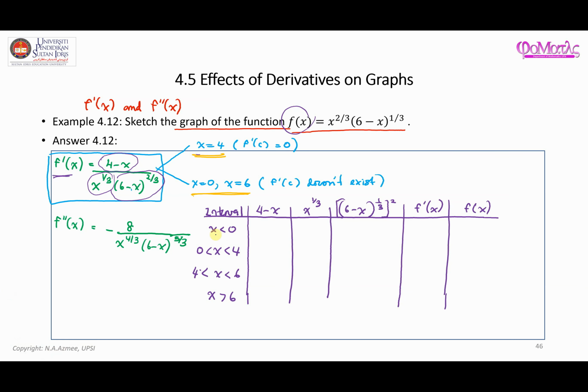So when x is less than 0, the value that we have for 4 minus x is going to be positive, because a negative x subtracted from 4 gives a positive. For x to the power of 1/3, because x is less than 0, which is a negative value, taking the power of 1/3 will give a negative. For the third factor, similarly we have a negative value inside, so 6 minus x is positive, so the overall expression is positive.